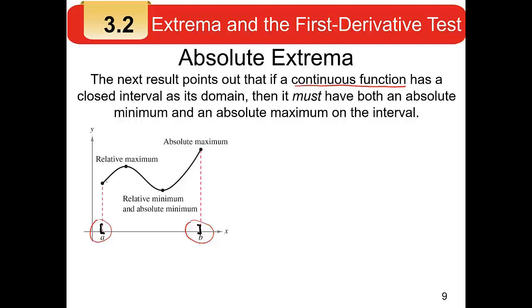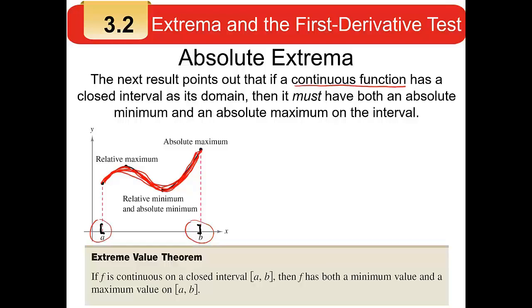If you think of this as a rope that's not cut, it's just a continuous rope, and you're only looking on a closed interval from A to B, there will be a highest point and a lowest point. That's all that's saying. And it's called the extreme value theorem if you want to give it a name.